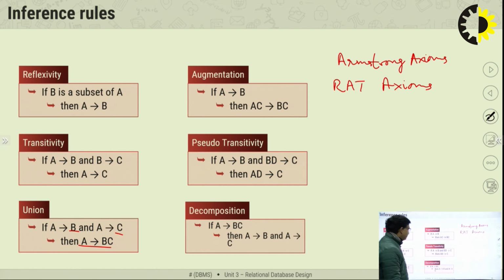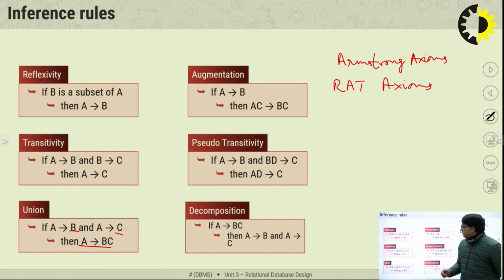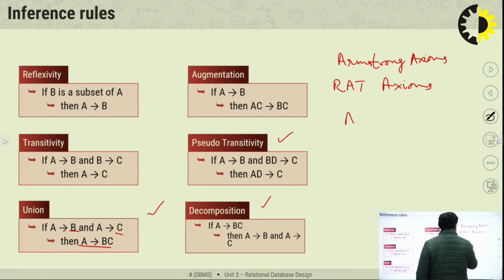Now these last three rules, rule number 4, this rule and this rule, these need proof. For example, A determines B and A determines C. We can say that A determines BC, but we need to prove it. Let us see how we can prove it. A determines B, then we can write AC determines BC.